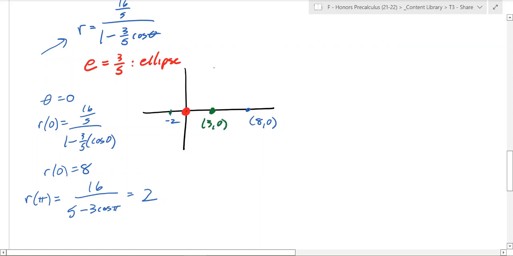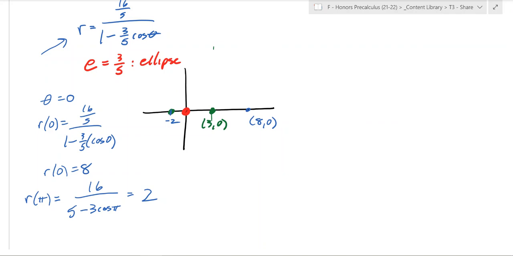So let's say we wanted to know the height here. If we wanted to know how high does it go, we'd want to know where the ellipse crosses here. That's what we need to find next, which gives us the other axes.